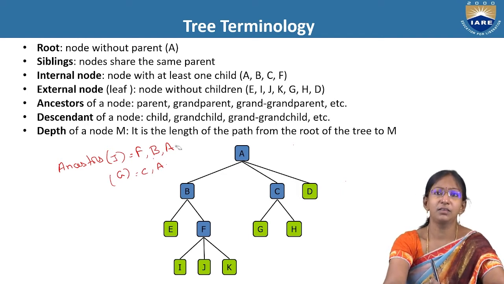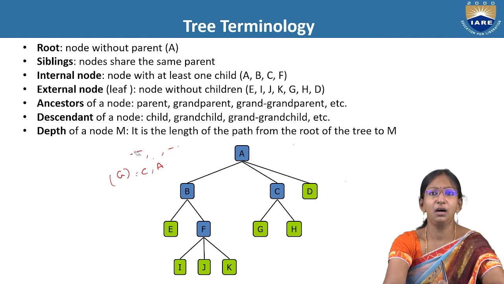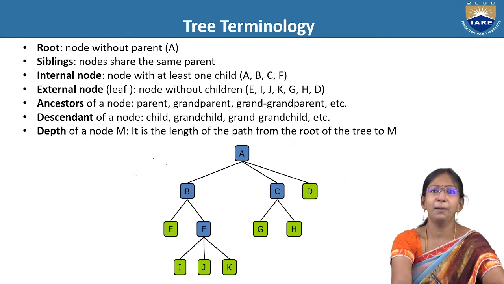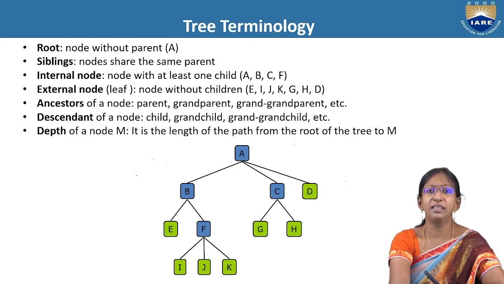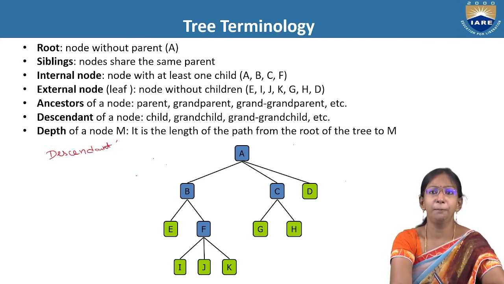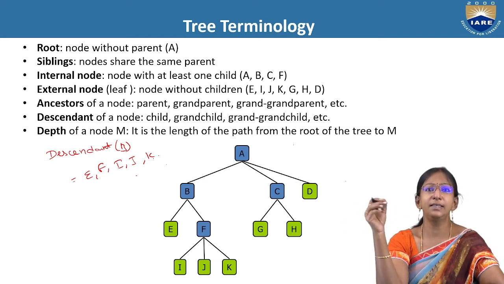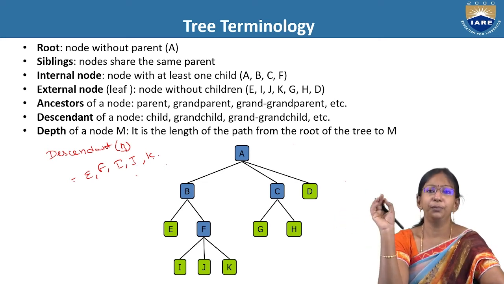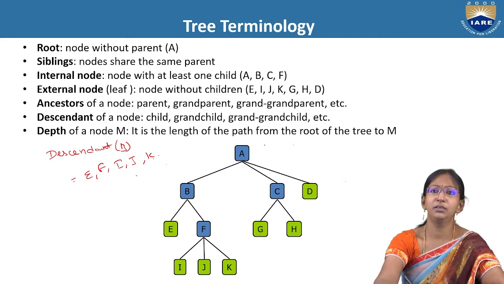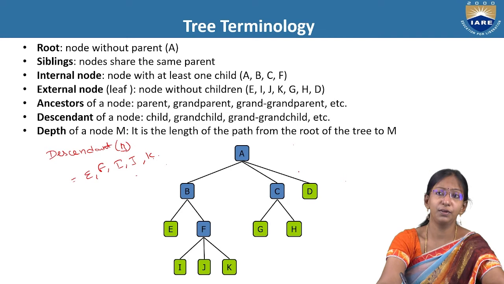So, these are ancestors. Coming to descendants, contrary to that: child, grandchild, grandchild. For example, descendants of B. B, first of all, is having children E and F. F is further having I, J, K. So, all these, E, F, I, J, K, are descendants of B. Say, for example, A. Who are all the descendants of A?